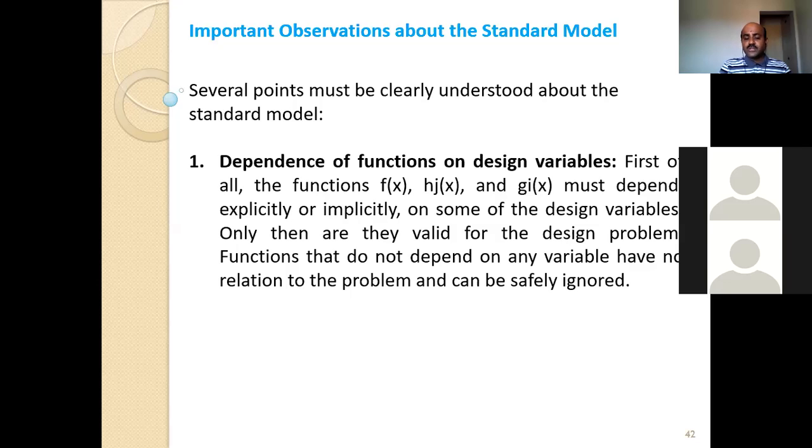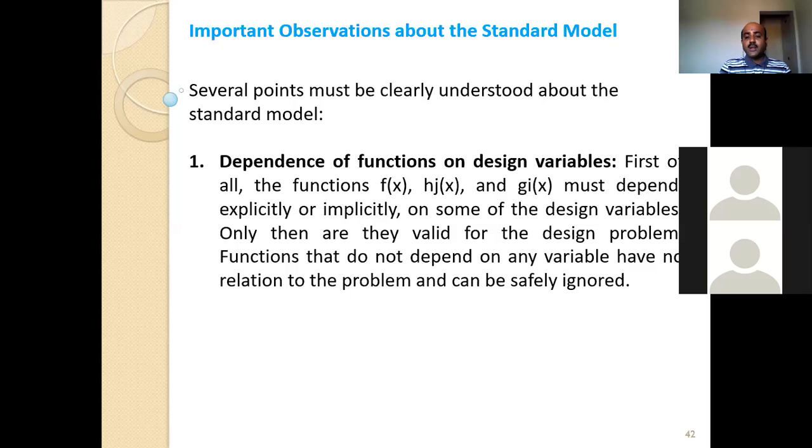So first of all, the functions f of x, hj of x, and gi of x must depend explicitly or implicitly on some of the design variables. Only then are they valid for the design. Please remember this.